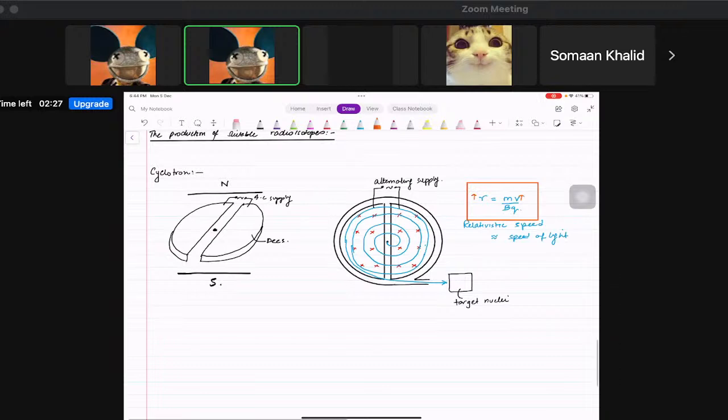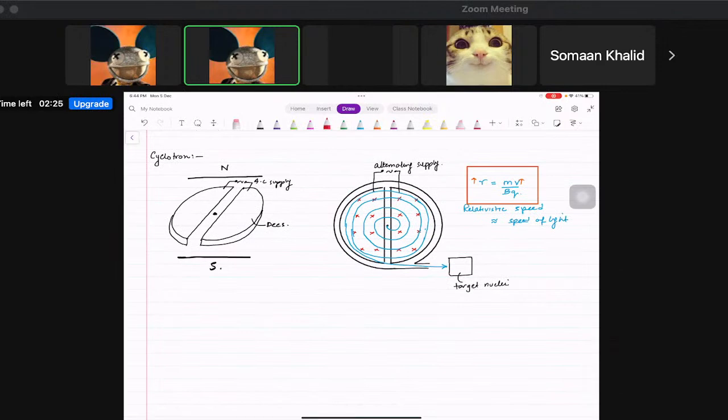So basically what we do is that the magnetic field is perpendicular to the Ds, like you can see right now in the process.